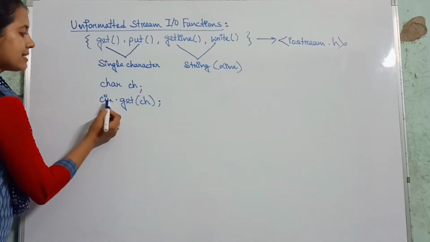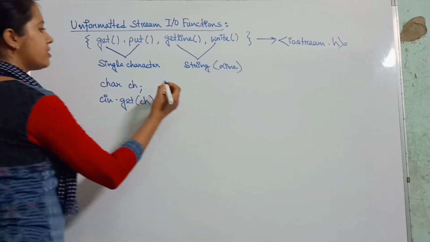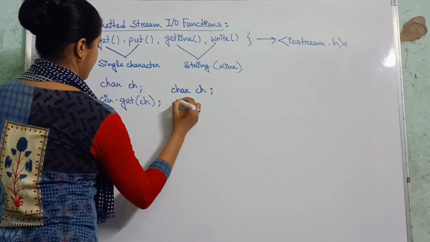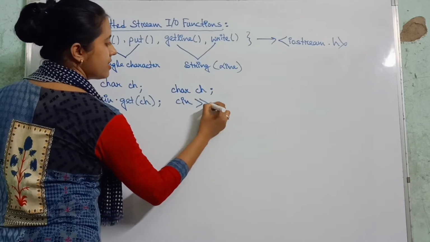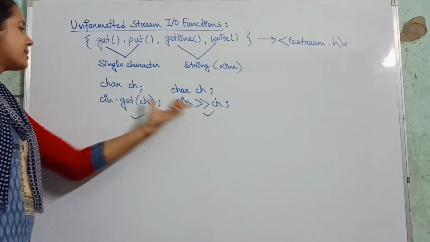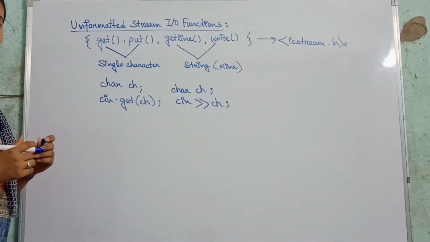But we have to write cin.get(ch). Now you will ask that we can also write like this, cin >> ch. Yes, both these are correct. But at which time we will write which one, this is the matter.